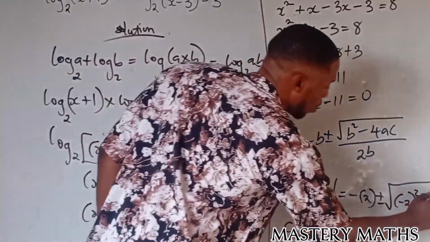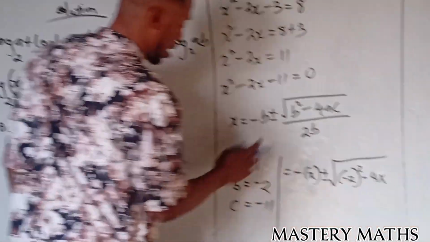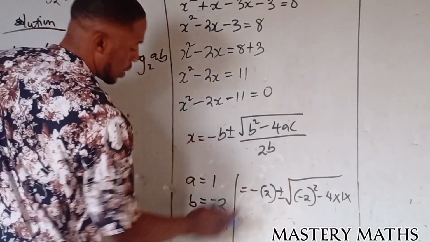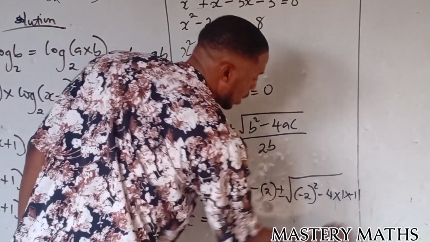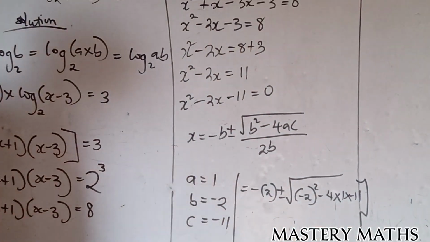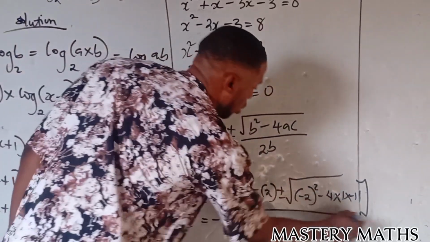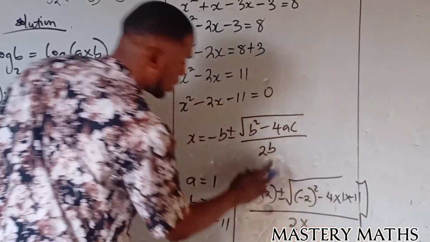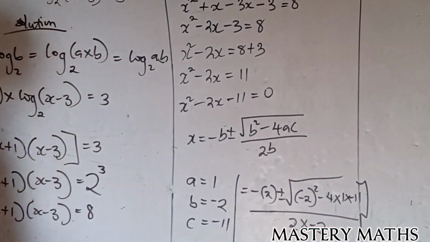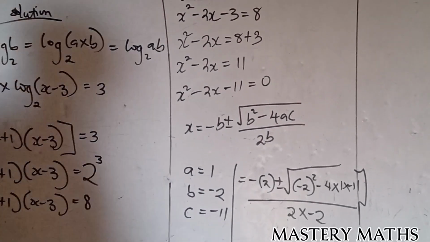So you have 4 times your a is 1, times your c is minus 11, all over 2 times the b is minus 2. So having done this, let's solve.